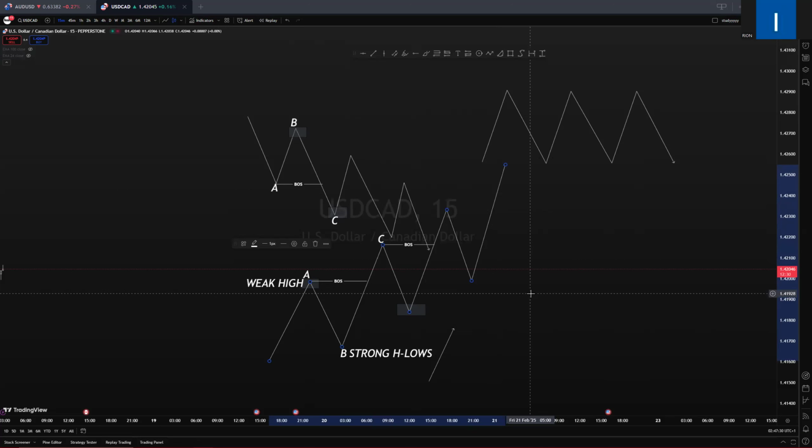So you want to pay attention to what the structure is. If it's a bullish structure, you identify it by clearly seeing that the market is making a series of the fundamental basics, which is higher highs and higher lows. For a bearish market, we want to see the market making lower highs and lower lows.